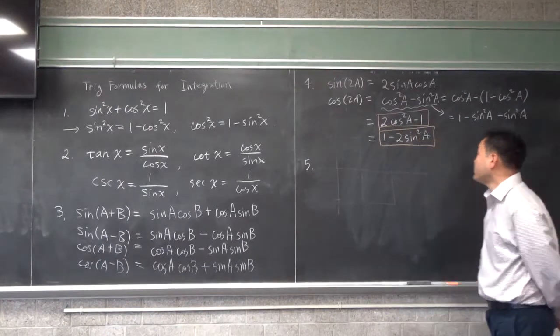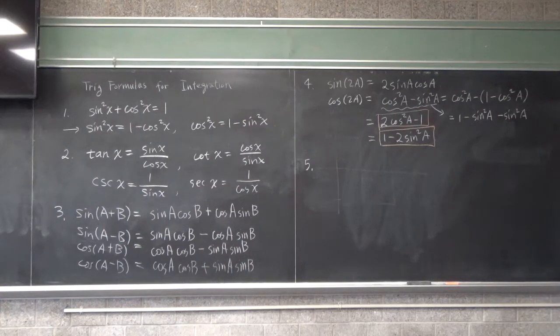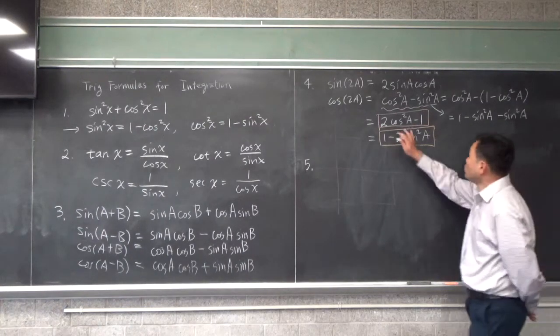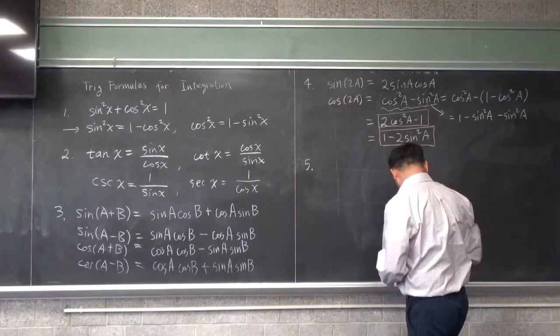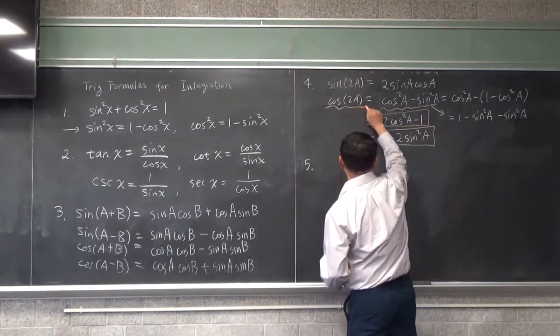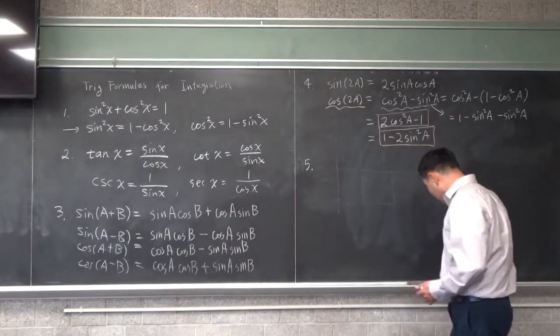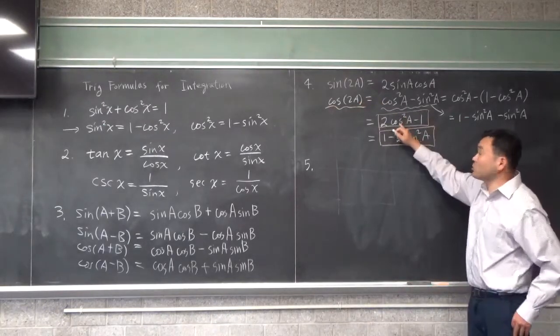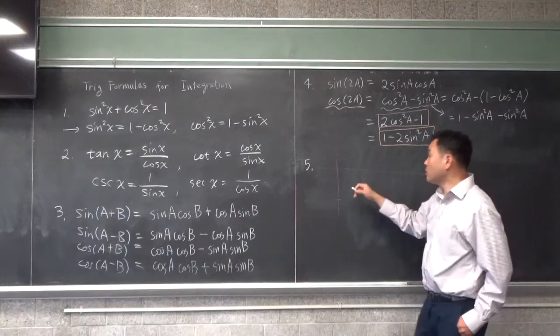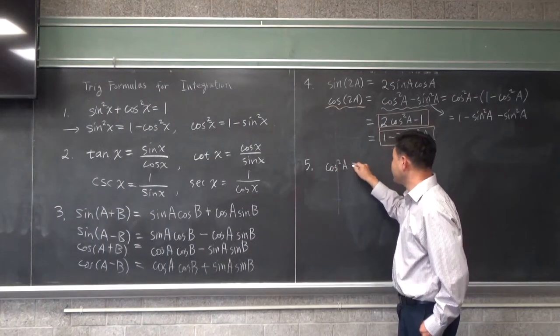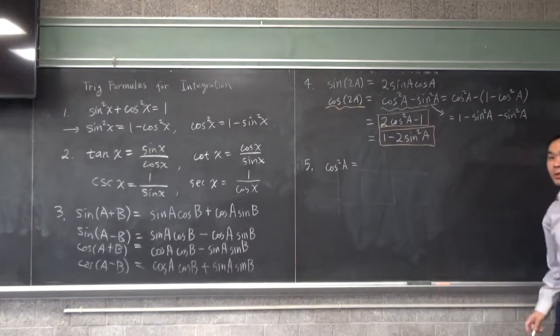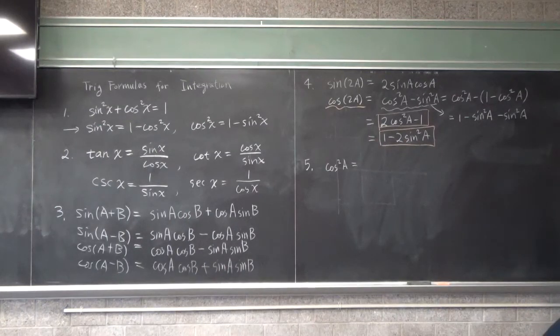Okay, number 5. Since 2 cosine squared minus 1 is cosine 2a, this is equal to this. You can solve this for cosine squared of a. What will be the result if I solve that for cosine squared of a? Are you good at mental math?